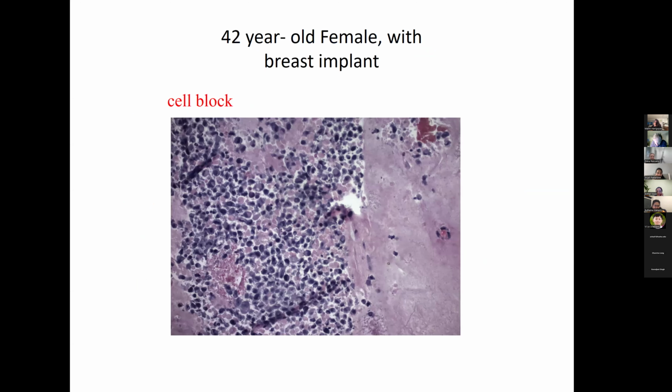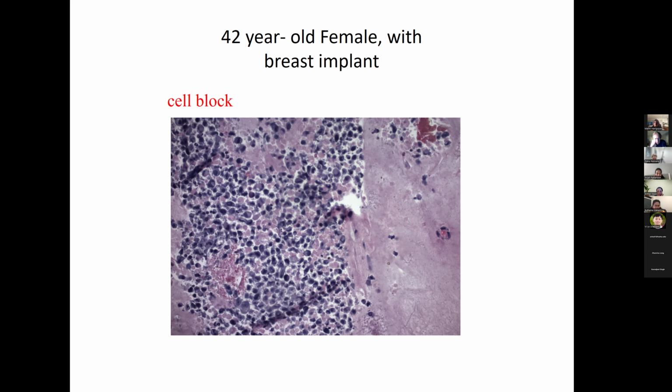Let's go to the last case. Here we have a 42-year-old female, again with a breast implant. We got a history that the patient has a breast implant, and there was fluid in the immediate space around the implant, and this was aspirated. A cell block was made, and this is the material you're seeing in the cell block.